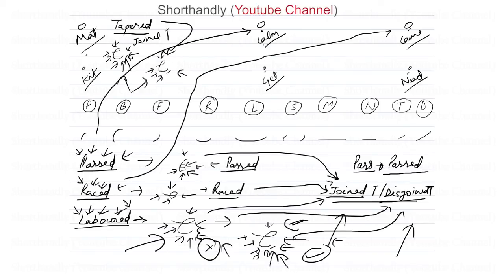Here it is not easy to identify the additional T, but in this word we can clearly see the additional T. Again, you can use either joined T or disjoined T to show that a word is in past tense, but first it should be easy and comfortable to write, and second you should be able to identify this additional T.